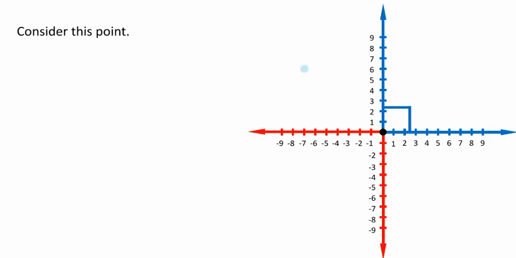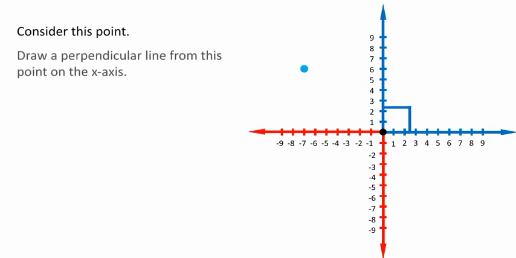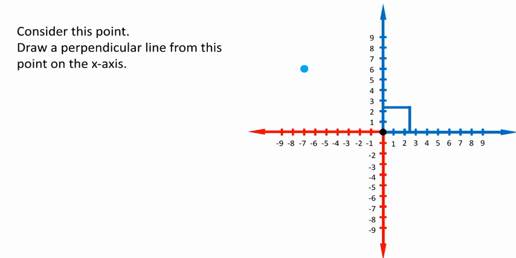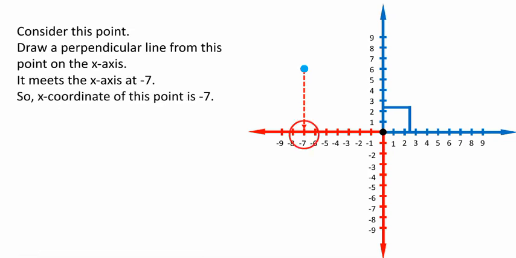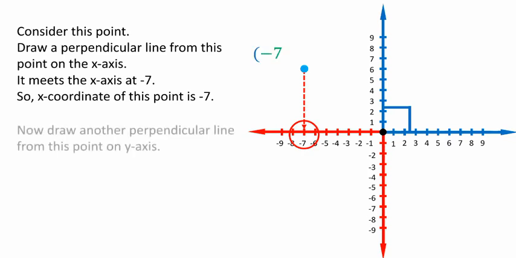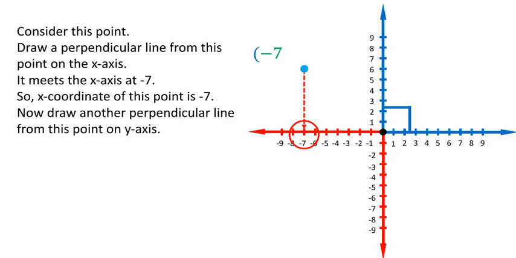Consider this point. Draw a perpendicular line from this point on the x-axis. It meets the x-axis at -7. So the x-coordinate of this point is -7. Now draw another perpendicular line from this point on the y-axis.